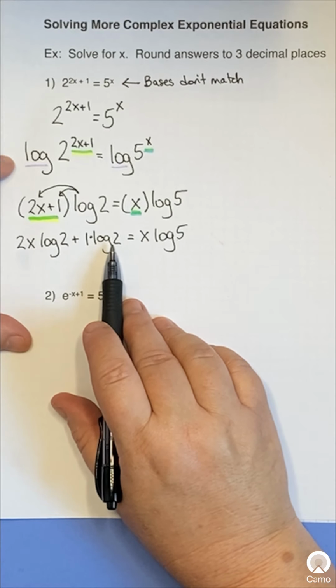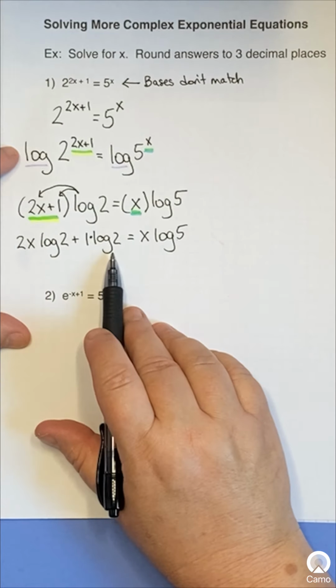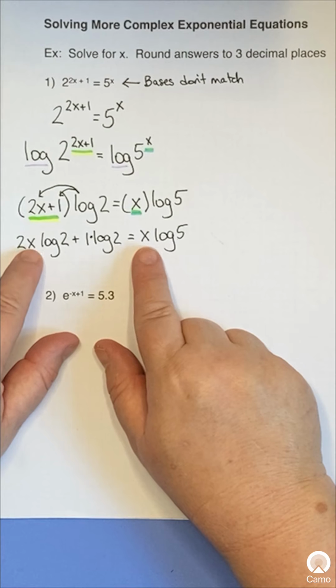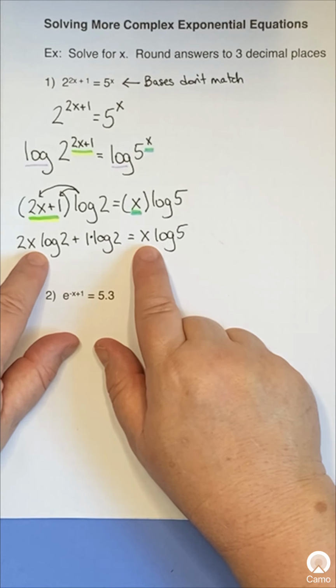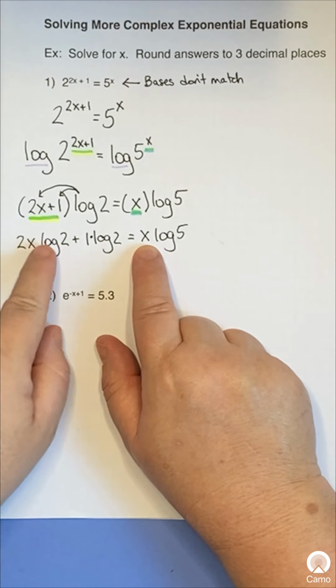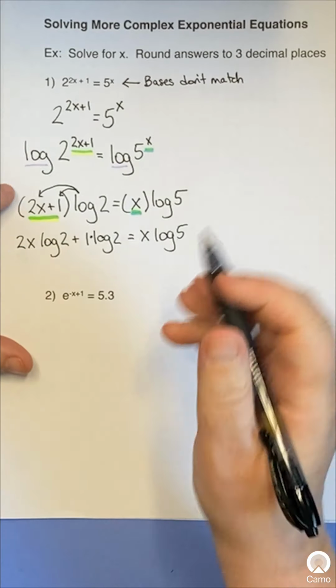And so what are we going to do there? Well, I've expanded this because now here's an x and there's an x. And we want to get the x's together. So we've got a couple of options. I think I'm going to move this term over here to get the x's together.